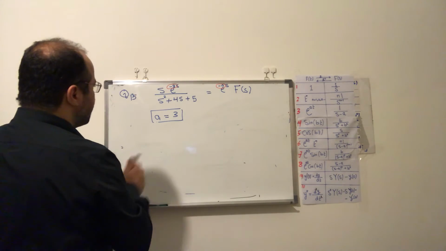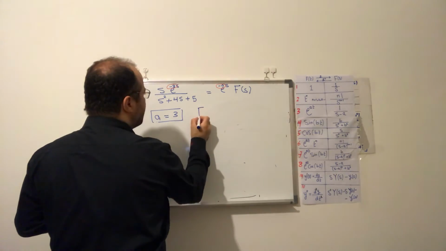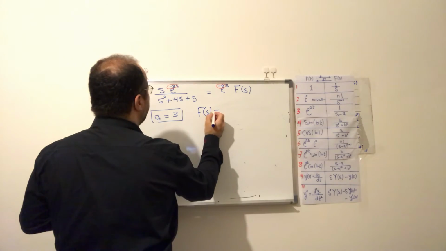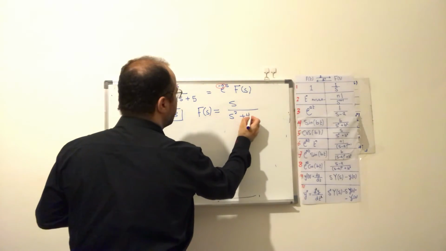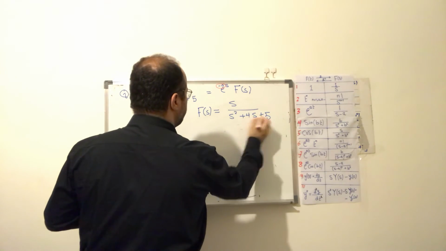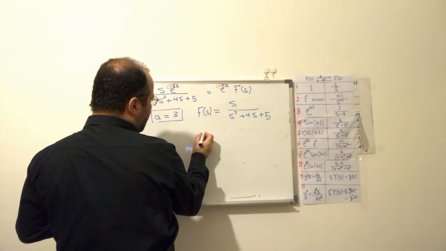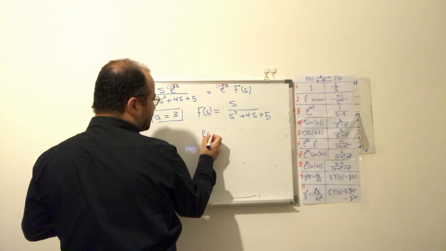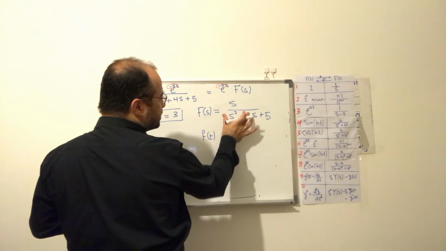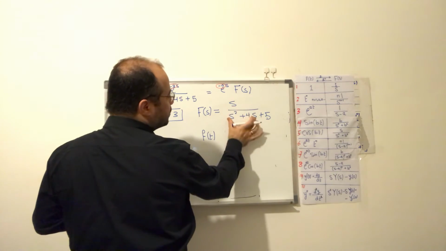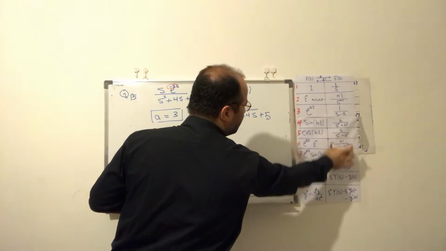So our next thing is, what is your F big of s? F big of s is just s over s squared plus 4s plus 5. Now if you need f small of t for this, you look at the second column in that table.